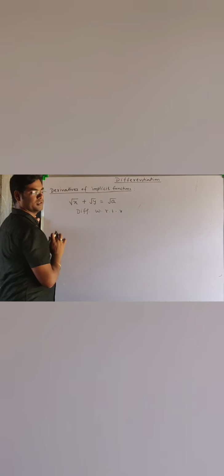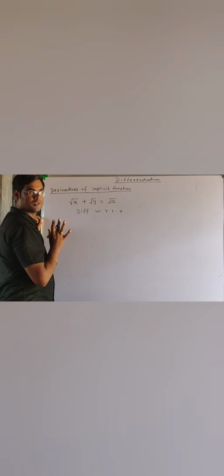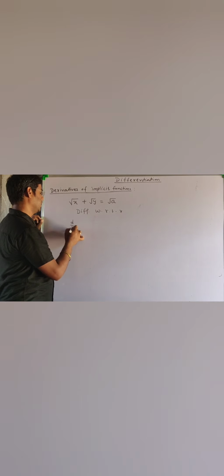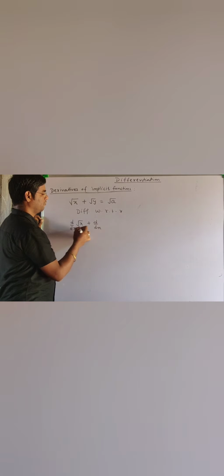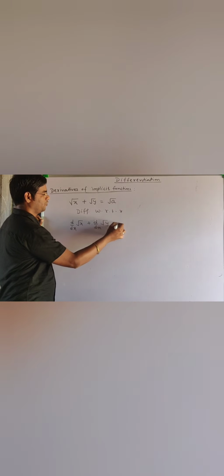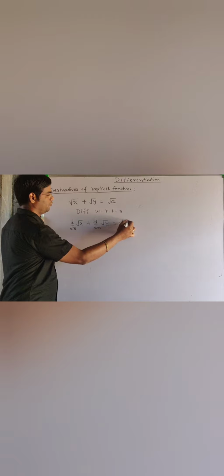Here we have plus and minus terms, no multiplication or division, so no need to apply the product rule or quotient rule. Directly write d by dx of root x, d by dx of root y, d by dx of root a.